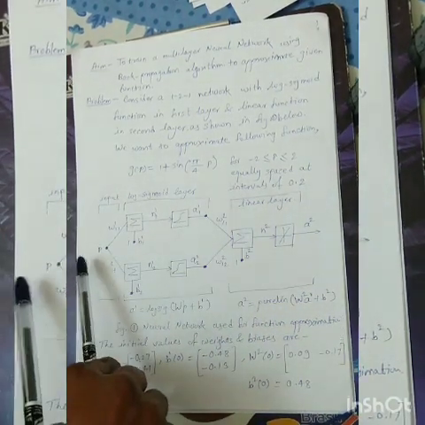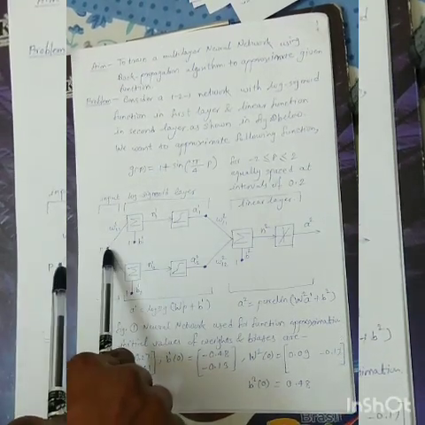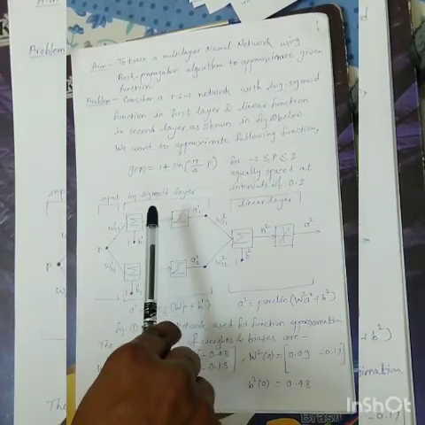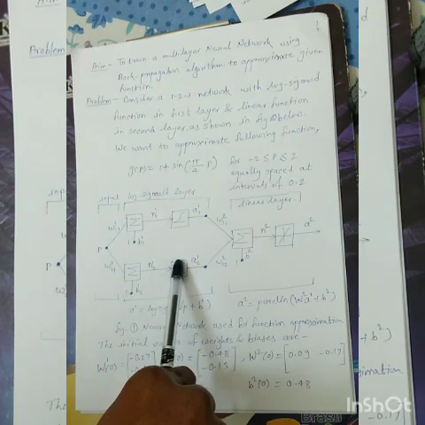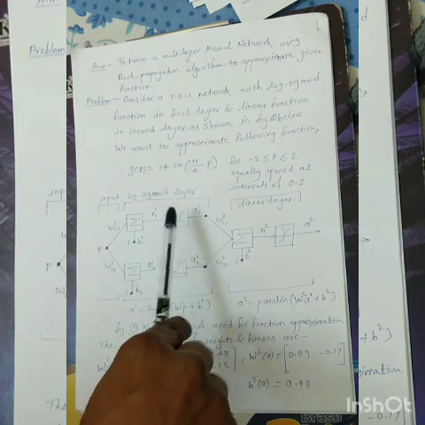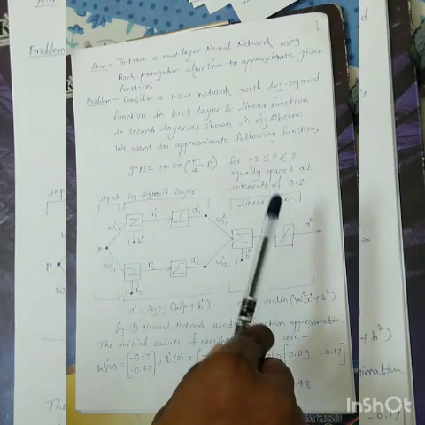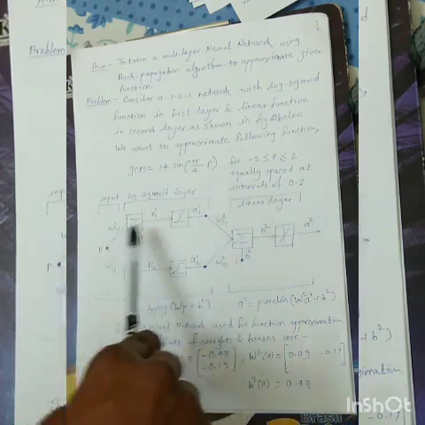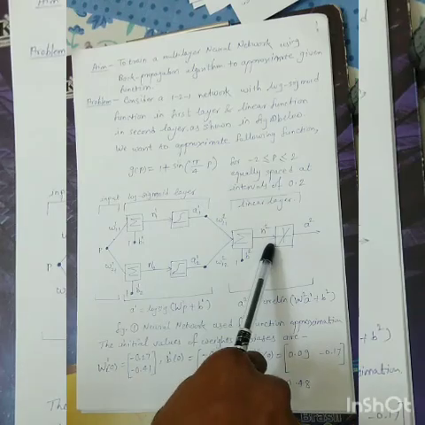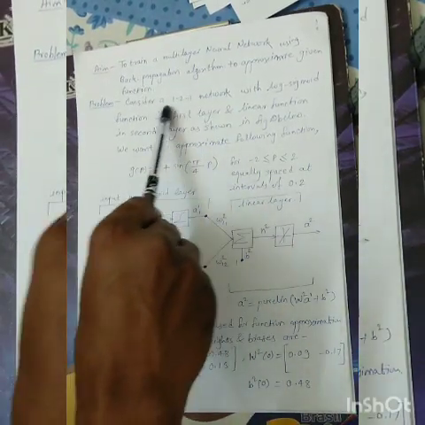Here the number of inputs is 1, the number of neurons in the first layer is 2 and the number of neurons in the second layer is 1. Therefore this network is a 1-2-1 network as stated in the problem.